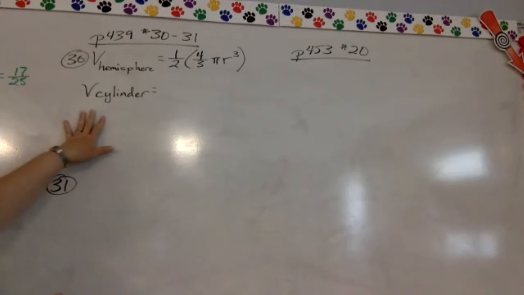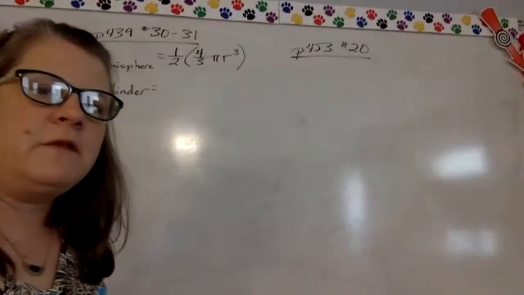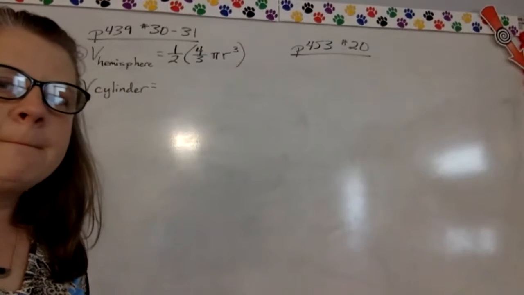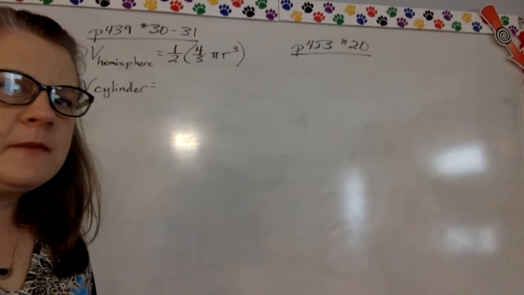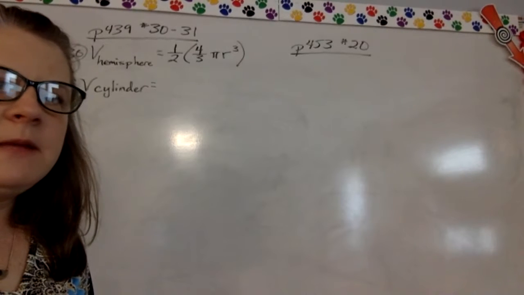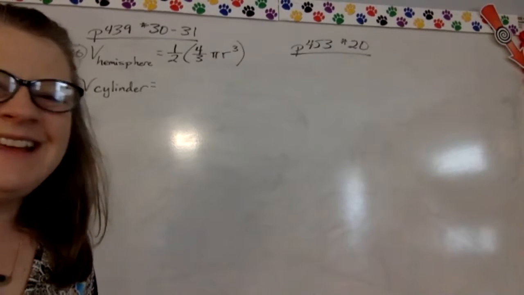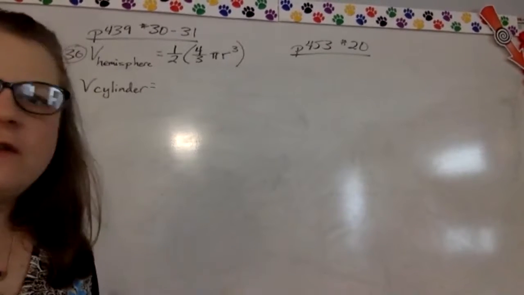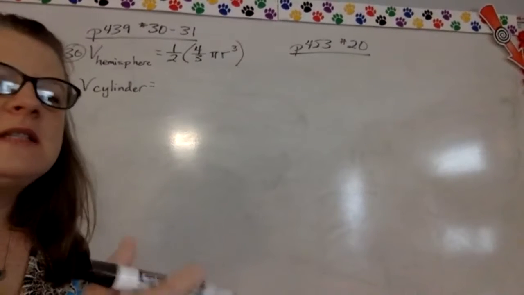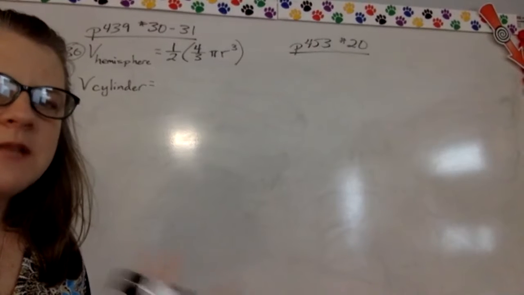And then for the cylinder, does anybody remember the formula for the volume of a cylinder? Apparently that would be a no. For a cylinder, like for our prisms, all of those, the volume is the area of the base times the height.